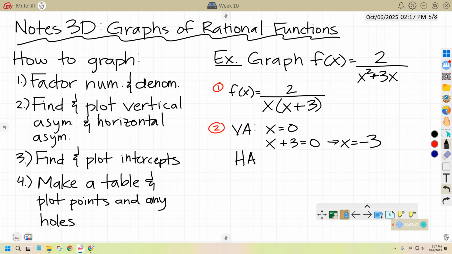For horizontal asymptotes. To figure out where my horizontal or slant asymptotes are, what do I look at in my original function? Raise your hand if you remember. What do we check? Marissa? Good. Very good. We look at the leading coefficient, top and bottom. We look at the degree, biggest exponent.